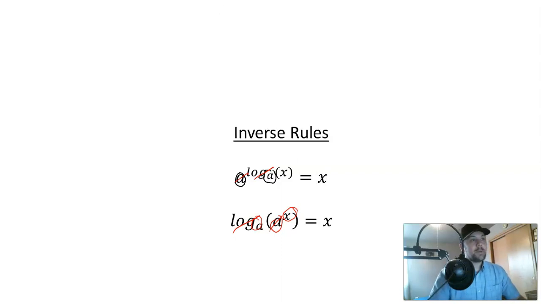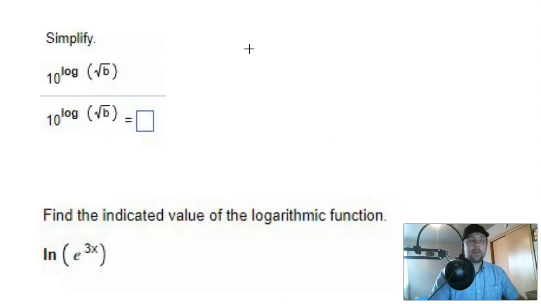So these problems are actually pretty easy when you do these on the homework because everything just kind of cancels itself out. So here we have 10 raised to the power of log base 10, the base isn't written here, so we are to assume it's base 10, of the square root of b. And that part makes it look more complicated than it really is.